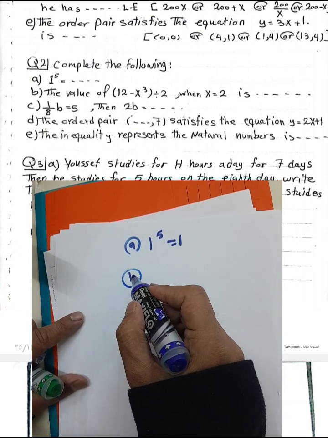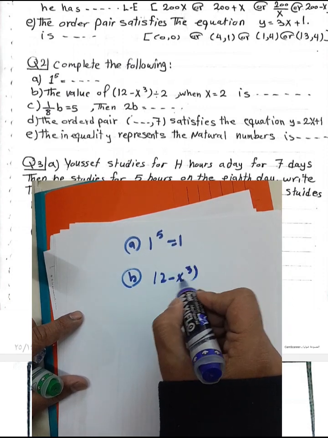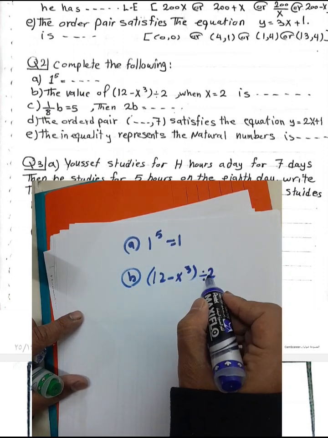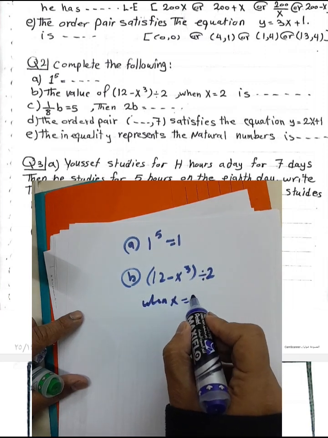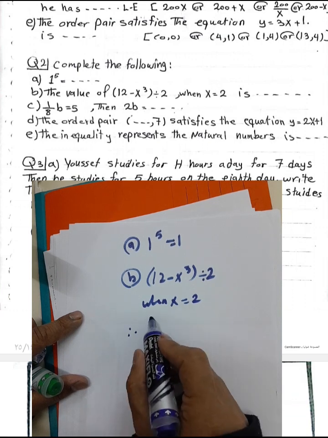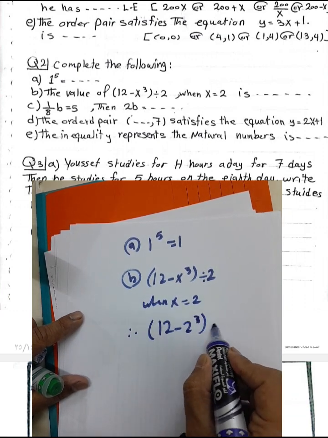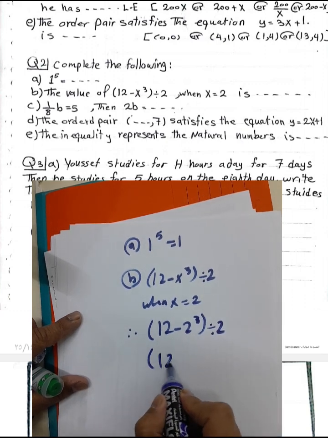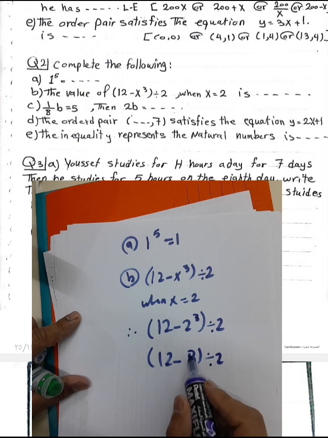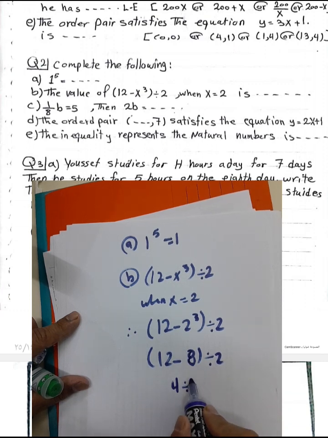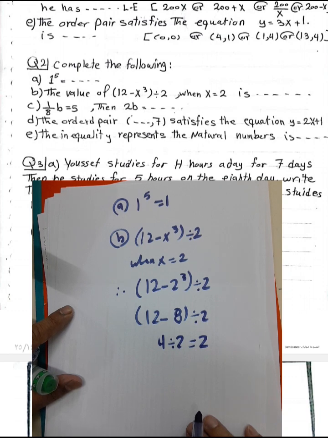Letter B. The value of the expression 12 subtract x power 3 divided by 2, when x equals 2, put x equal 2 here, it will be 12 minus 2 power 3 divided by 2. 12 minus 2 power 3, it will be 8. 12 minus 8, it will be 4. 4 divided by 2 equals 2. The result will be 2.